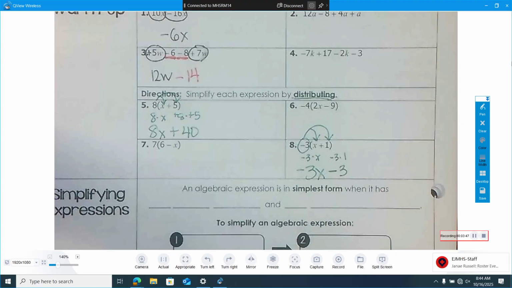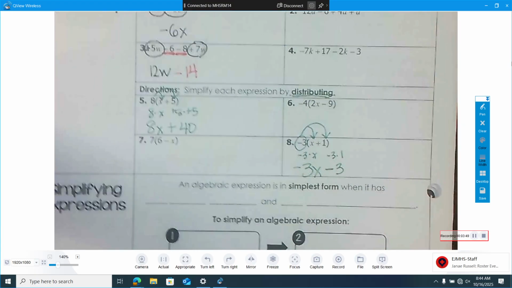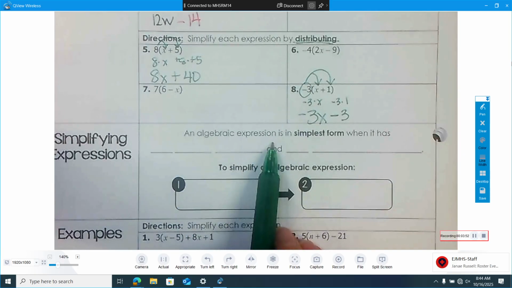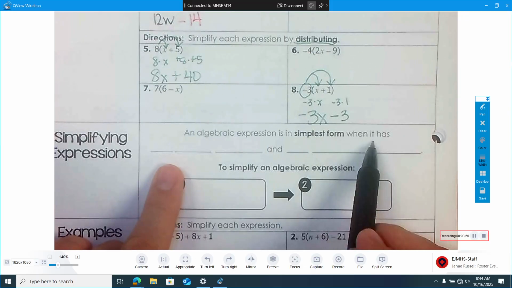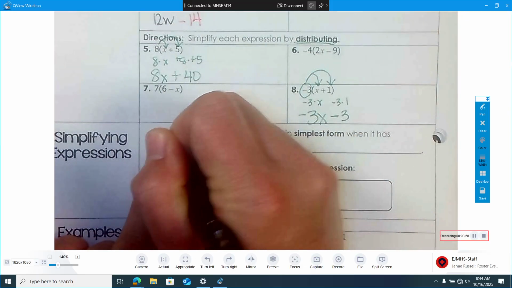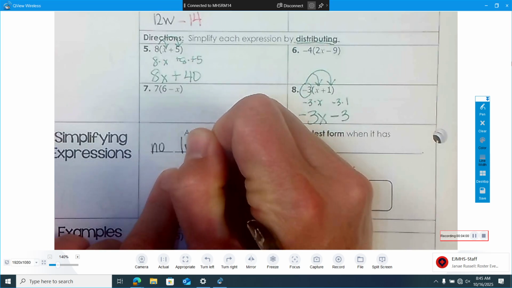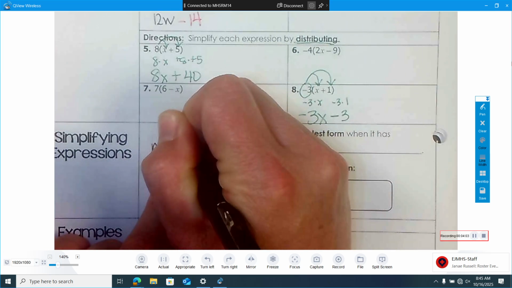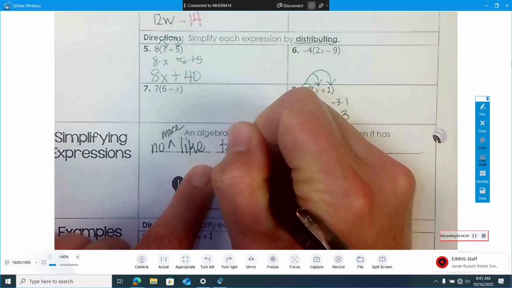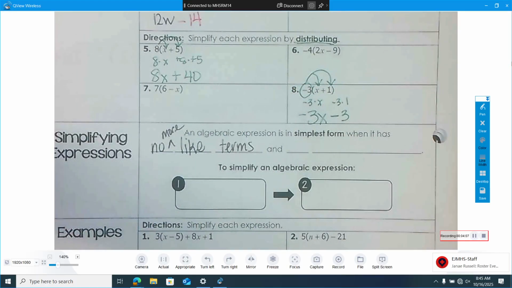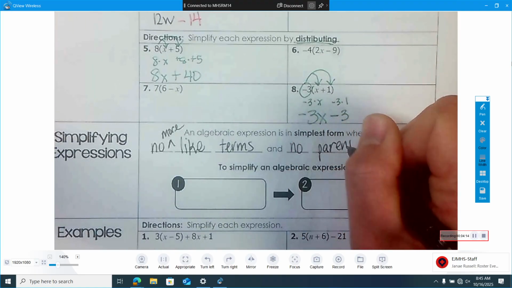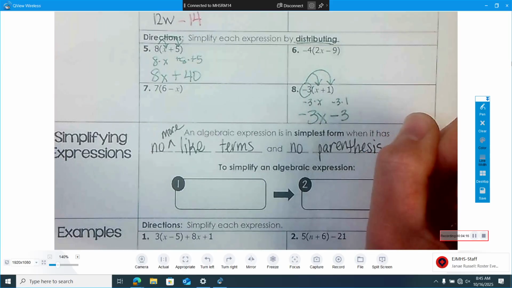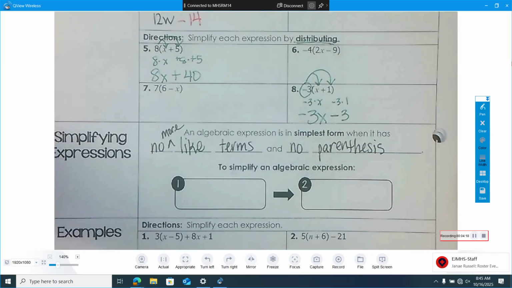All right? So an algebraic expression is in simplest form when it has no more like terms and no parentheses.